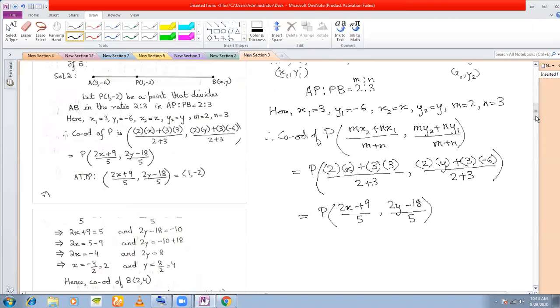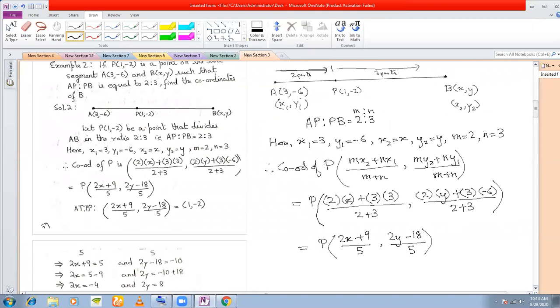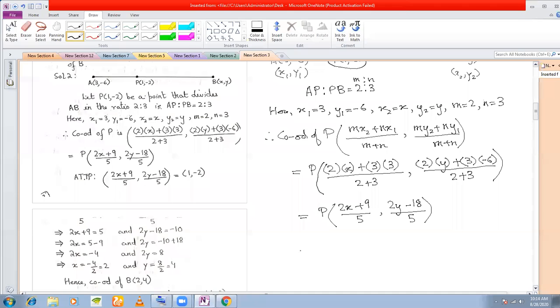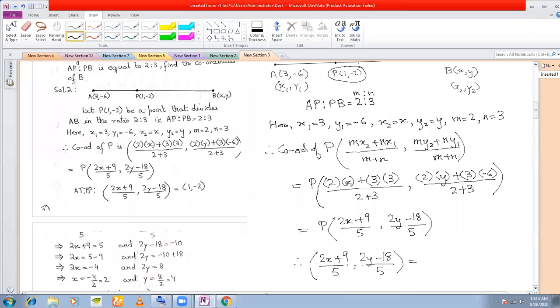Now see, the coordinates of P are given to be (1, minus 2). So therefore, this coordinate of P that we have found out in terms of x and y must be equal to the given coordinate, which is (1, minus 2).